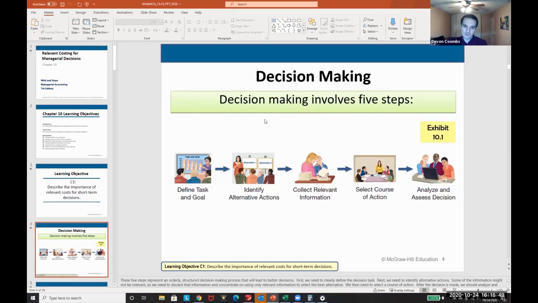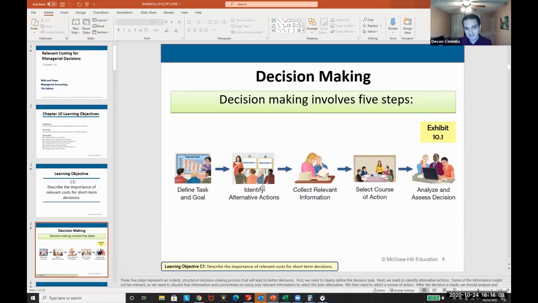There are all of these interesting frameworks, but all of them have the underlying philosophy of, first, we have to define what we want to do as a team or as a company. And we have to identify alternative actions because we have limited time. We can't do everything. There's not unlimited amounts of people and hours or resources.